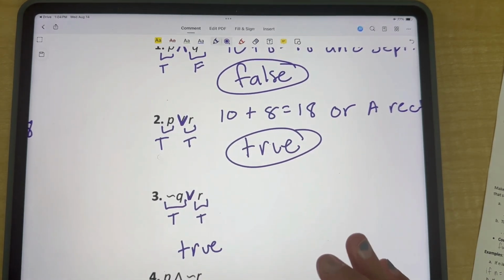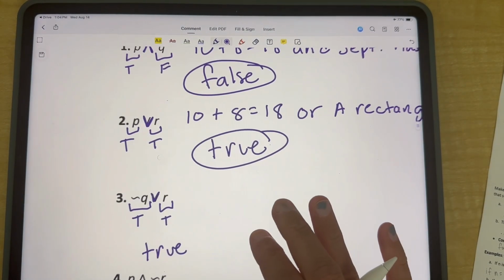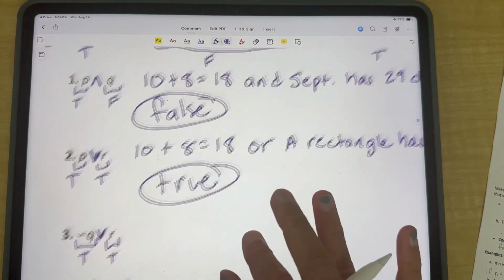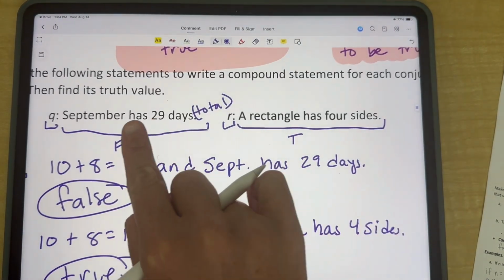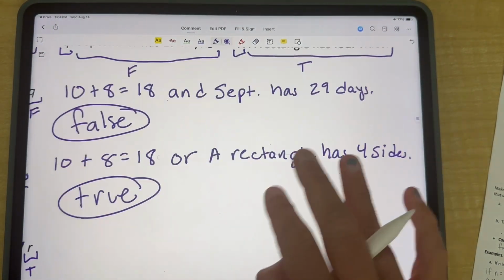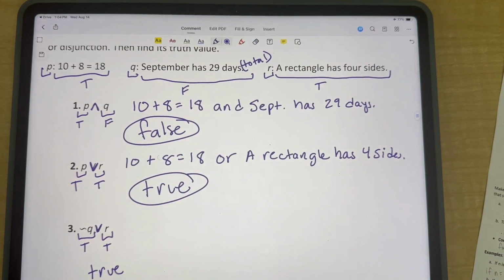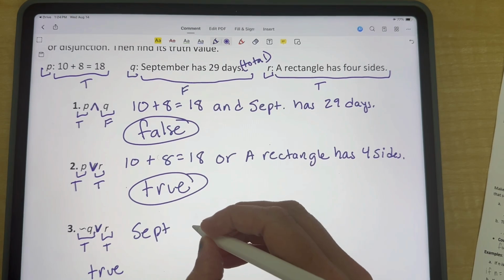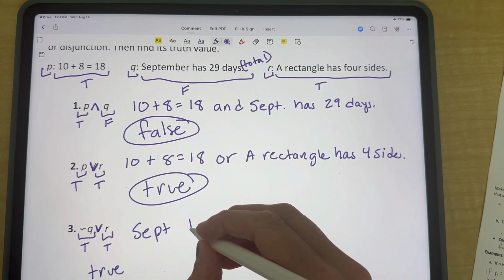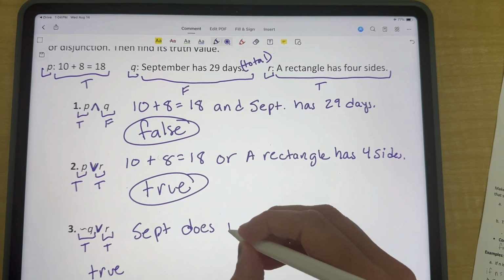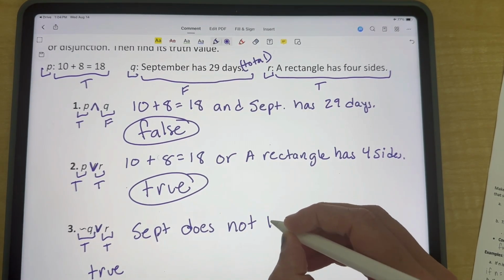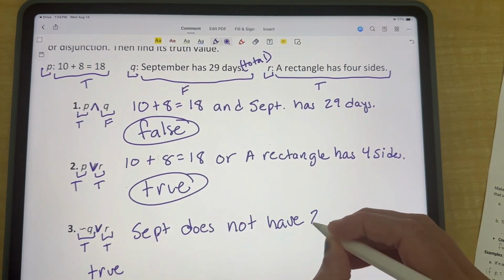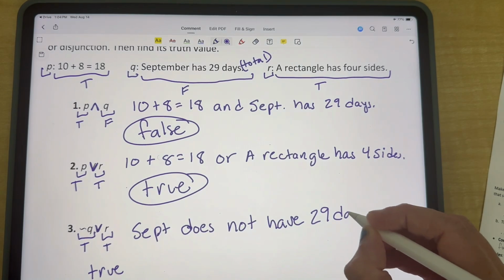But let's write it out in words as well. How would you write the opposite of Q? September has 29 days total. You don't need to change the whole sentence. All you're going to do is write: September does not have 29 days.